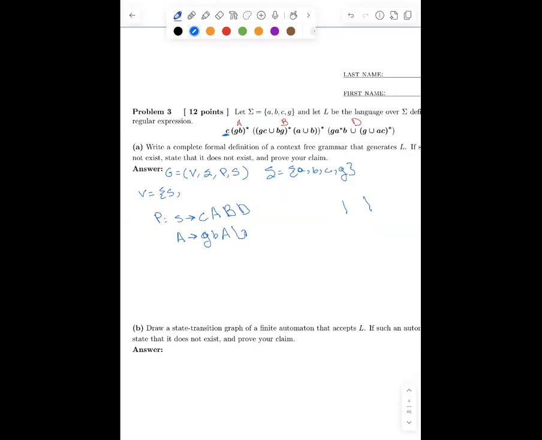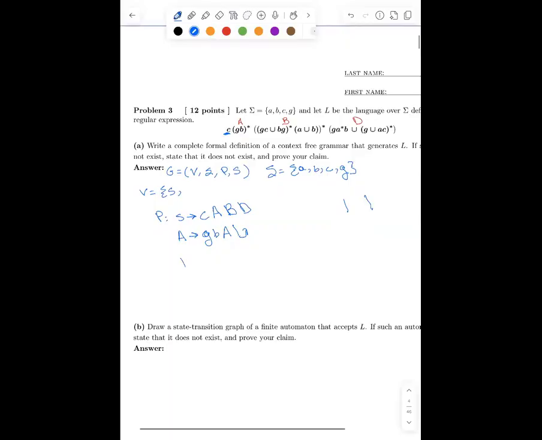For my B, if I break it down, I can use this as an E and this as an F. Again, it's like whatever you find more convenient. So I will use E or F or B or lambda. B means that it's one or more.